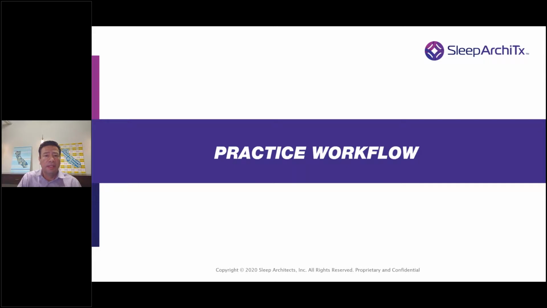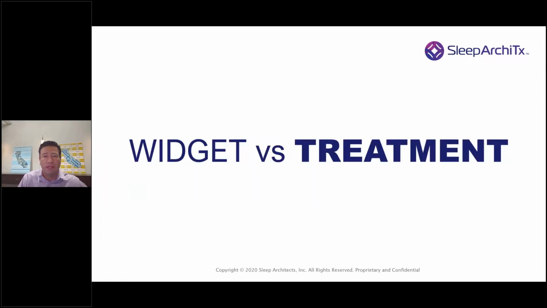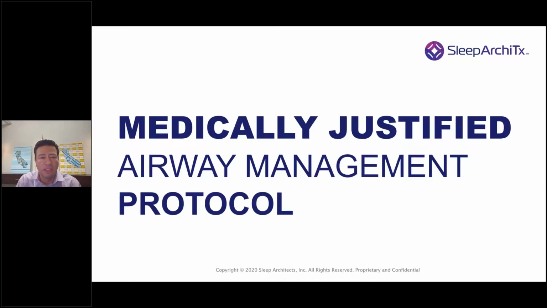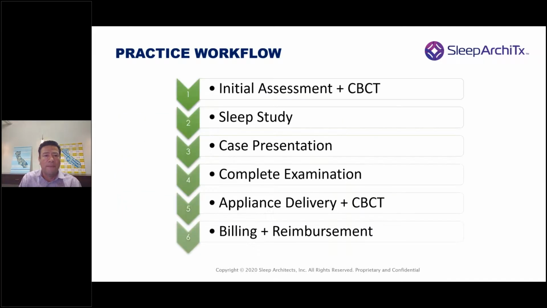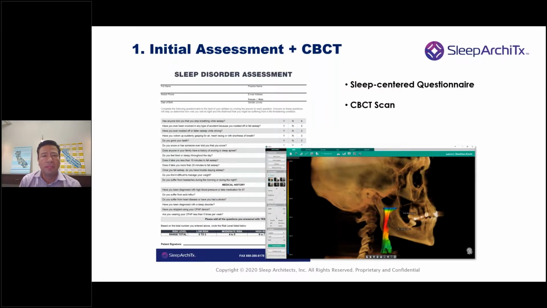Let's look at this concept of treatment, right? Let's get away from the concept of widget and develop what we call a medically justified airway management protocol. To do that, here are the 6 primary steps that you want to deploy in your office. You first want to screen the patient, and at that time, if you have a cone beam machine, establish a baseline cone beam scan of the patient.